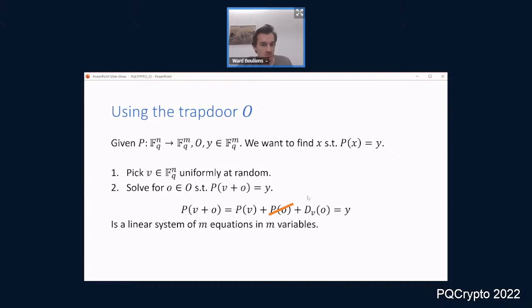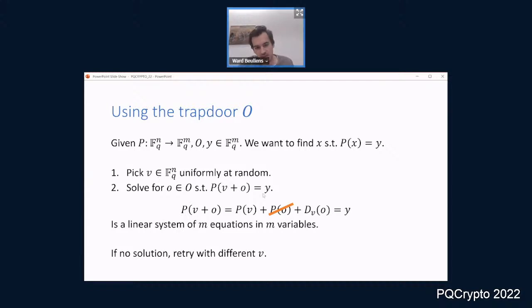So this means that with high probability, this system will have a unique solution, and you can solve for it. And then once you have o, you just output v plus o, right? But of course, it can happen with a small probability that this linear system of equations does not have a solution, and then you just try again with a different choice for your vector v.